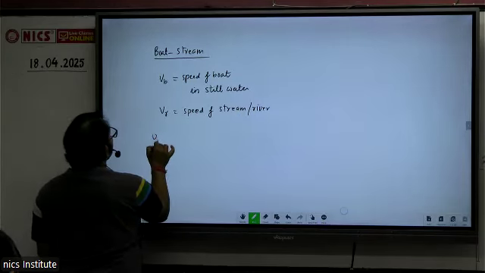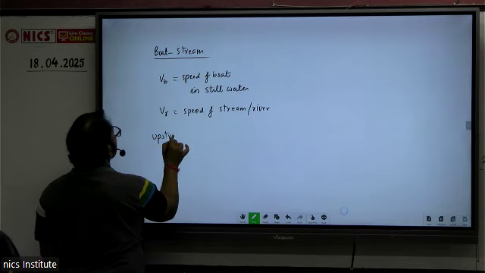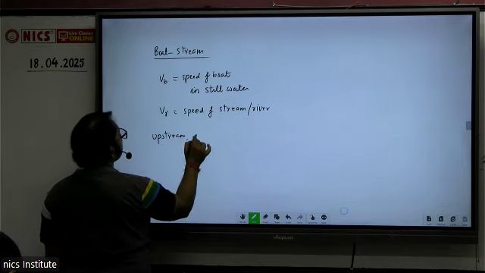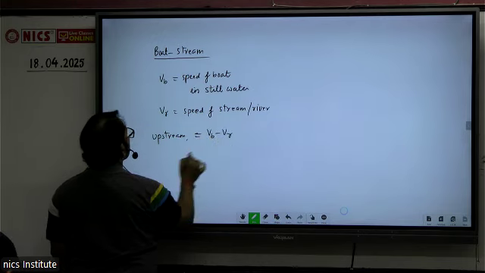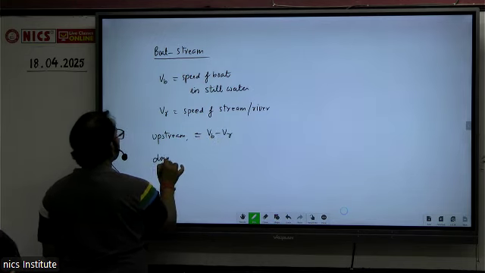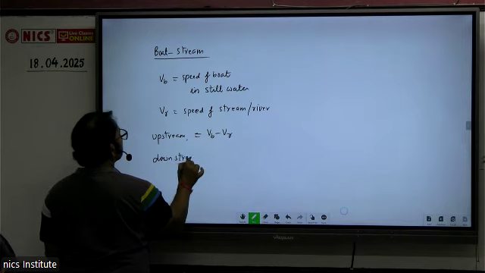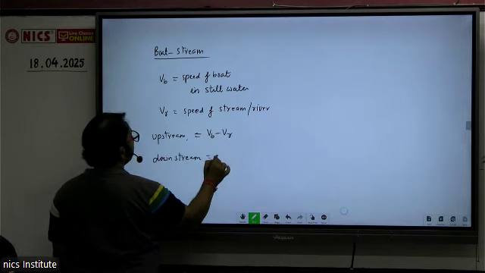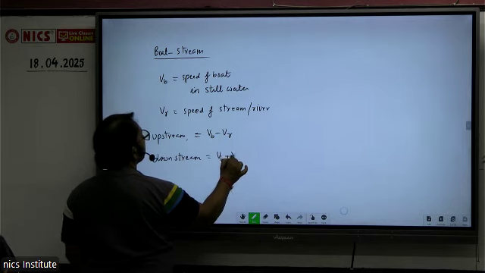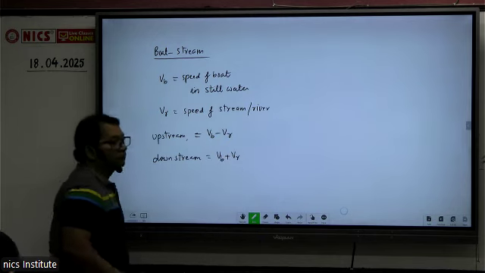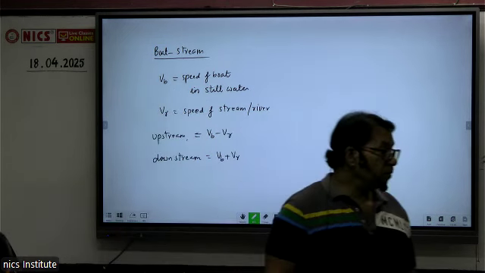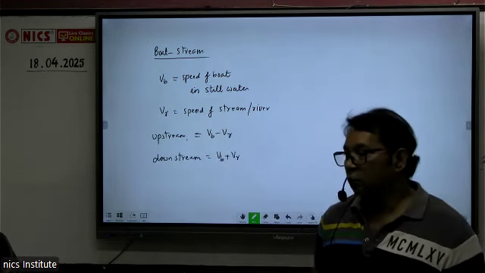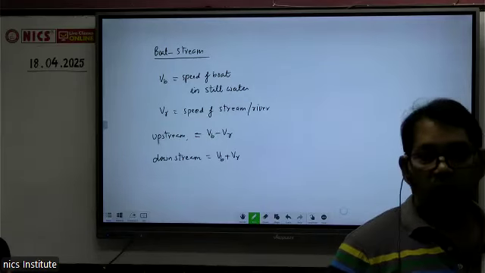So upstream, what will be the net velocity of the boat? And downstream, it will be VB plus VR. Upstream, it will be VB minus VR. VB has to be more than VR. Otherwise, the boat cannot go upstream.